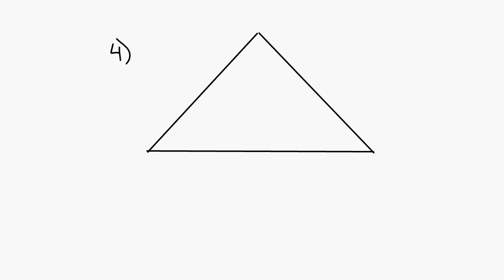Number 4, B is a midpoint and D is a midpoint. And A to E, this piece right here, AE, is 25.